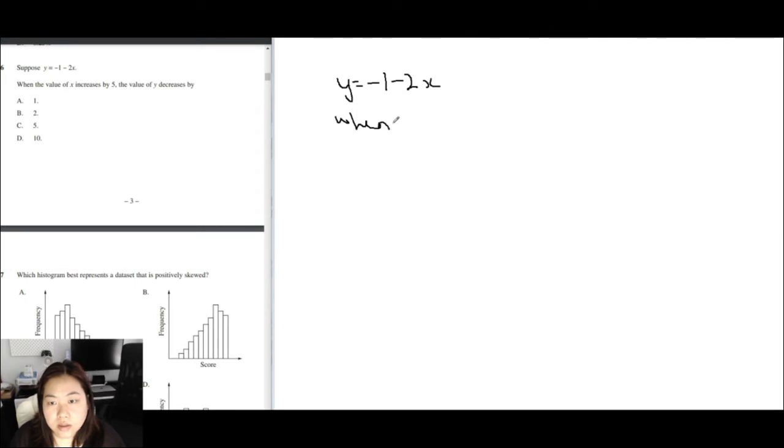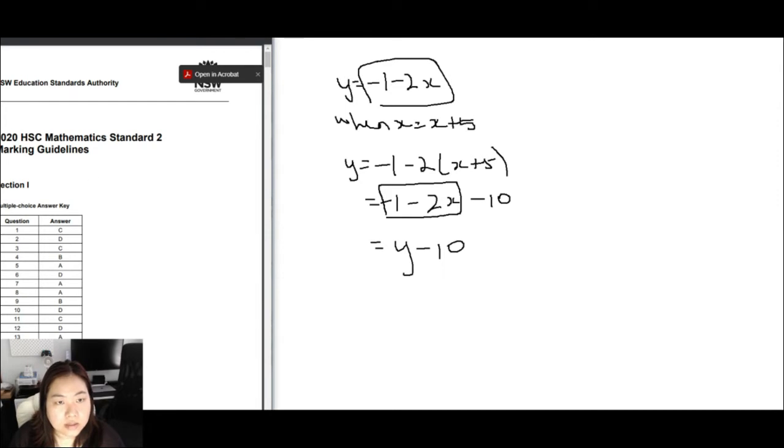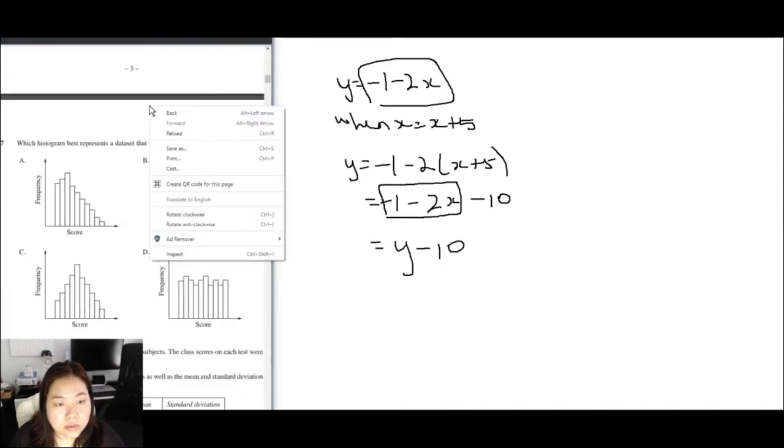When x increases by 5, y is equal to -1 minus 2x minus 10. -1 minus 2x is y. Therefore, you can say it's equal to y minus 10. Therefore, y decreases by 10. 6D. Okay. Cool.